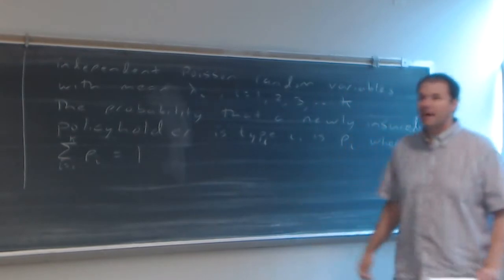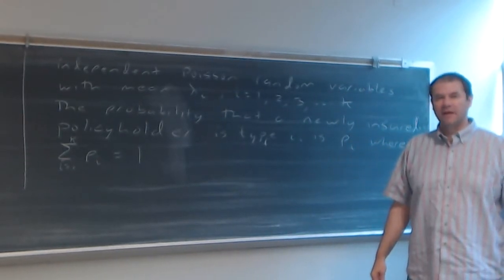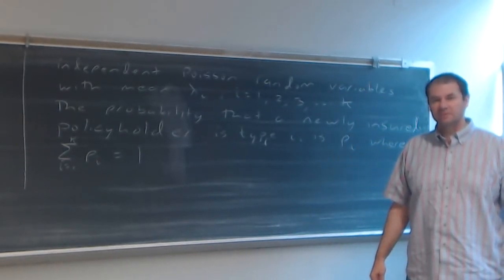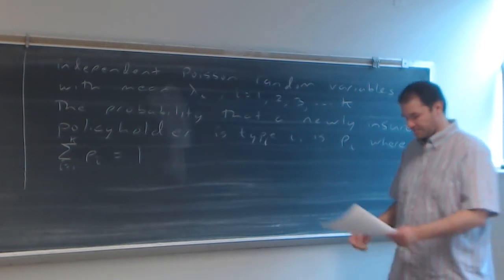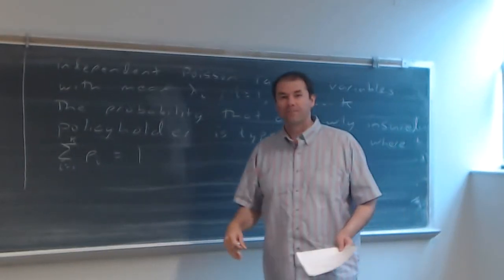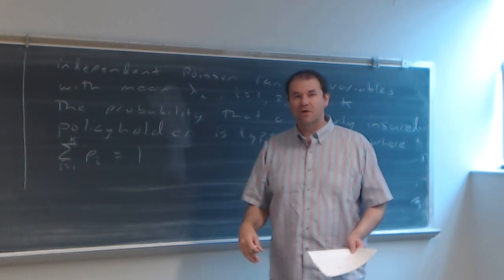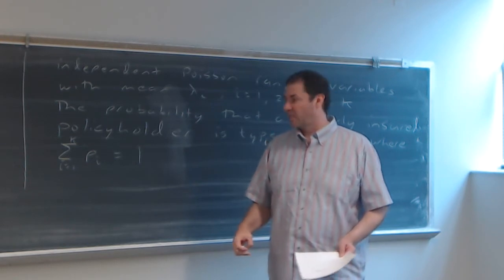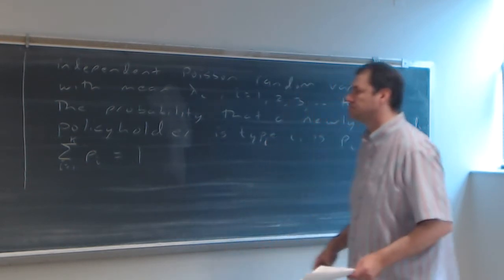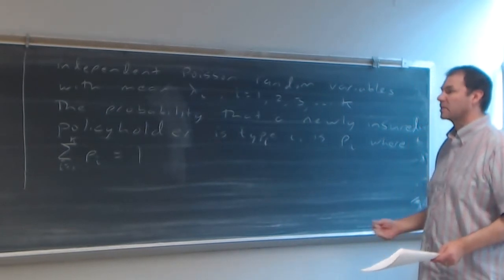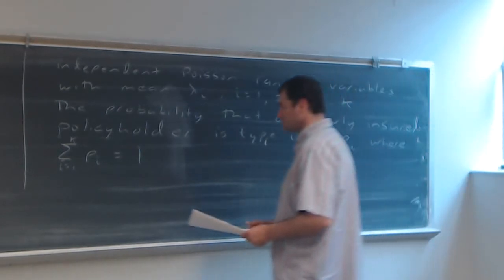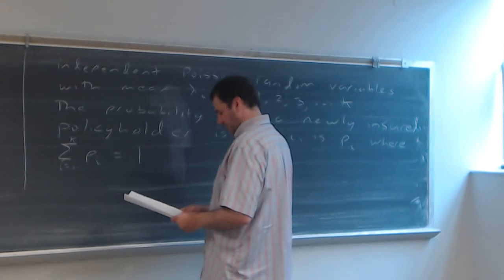So the p sub i's are the chance that a newly insured driver is of type i. And then we have information about the likelihood of the number of accidents the policyholder has in a given year.